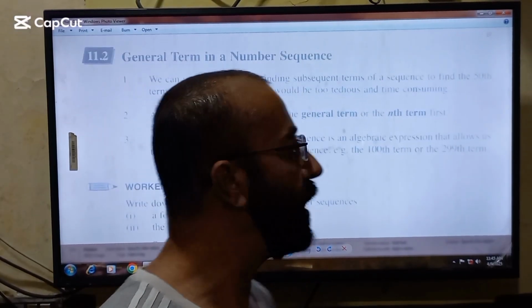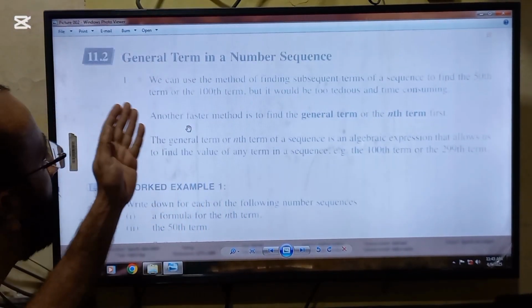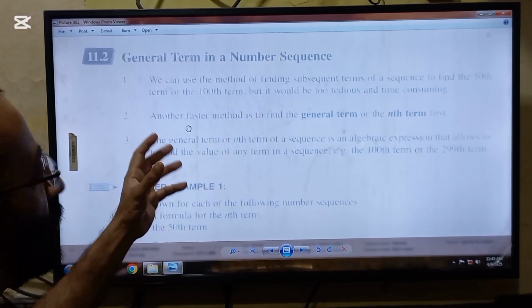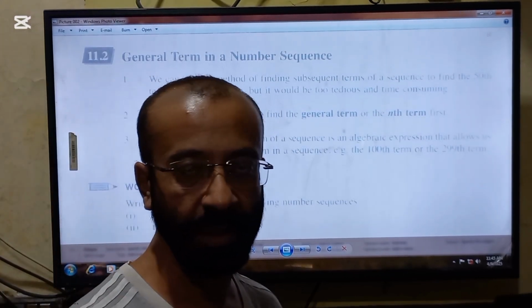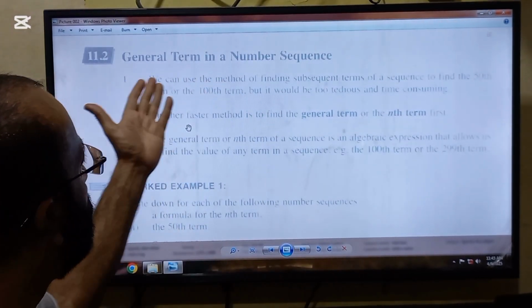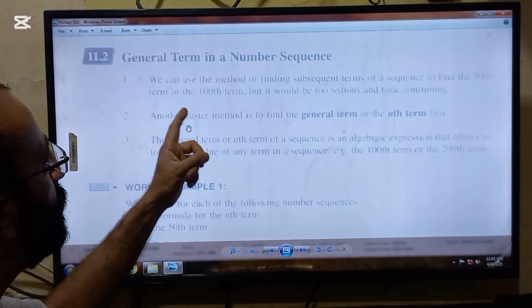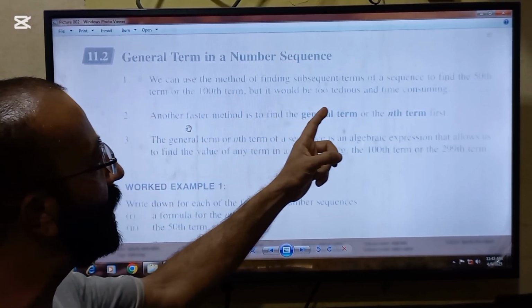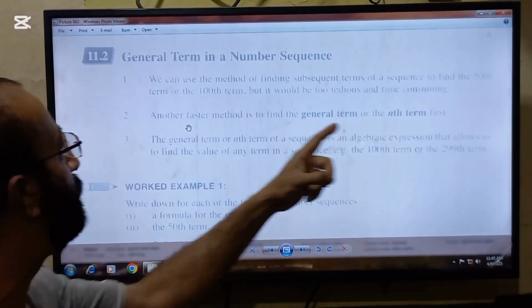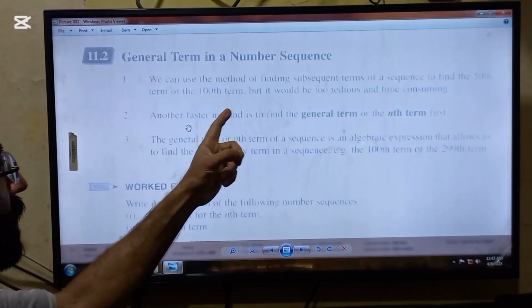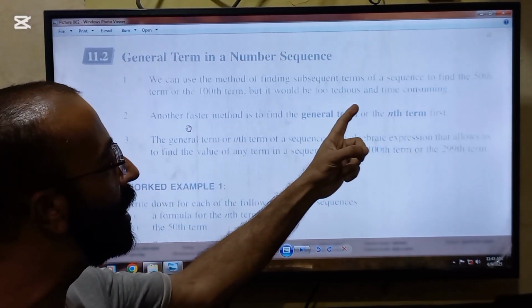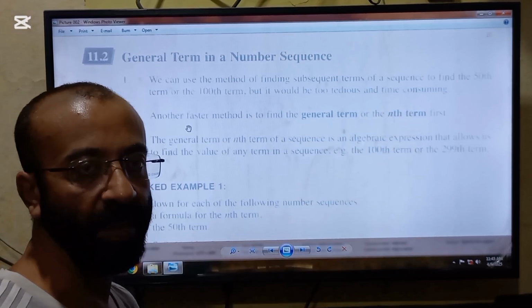The next topic is the general term in a number sequence. The points to remember and understand in this topic are: first, we can use the method of finding subsequent terms of the sequence to find the 50th term or the 100th term, but it would be too tedious and time consuming.